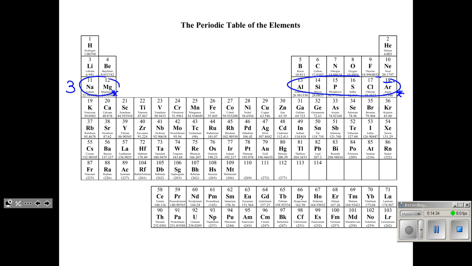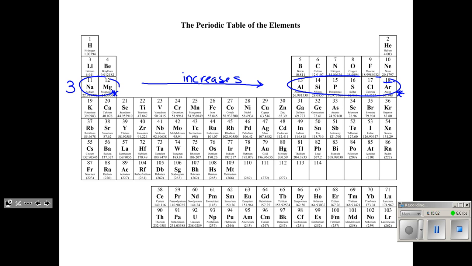So with an increased nuclear charge and the electrons slightly closer to the nucleus, ionization energy as you go across the period increases. The more attracted the nucleus is to the electrons, the harder it is to remove that electron, so the energy needed to remove the electron gets higher and higher and higher.